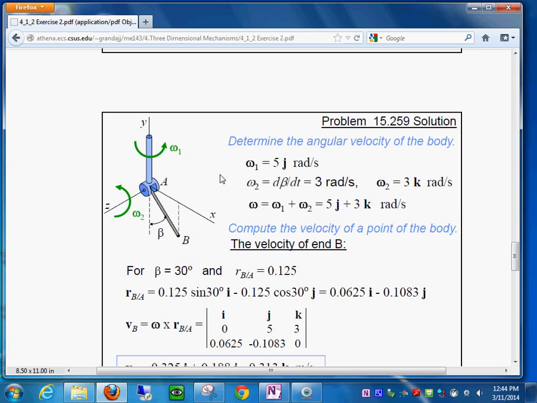Okay, so determine the angular velocity of the body. We have that omega 1 is 5j radians per second. Omega 2 is the rate of change of the beta angle, which is 3 radians per second, so omega 2 is 3k radians per second.